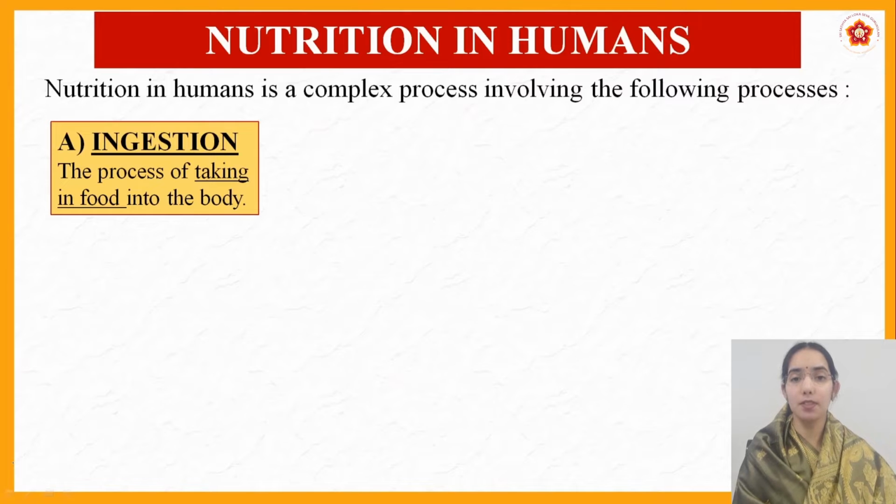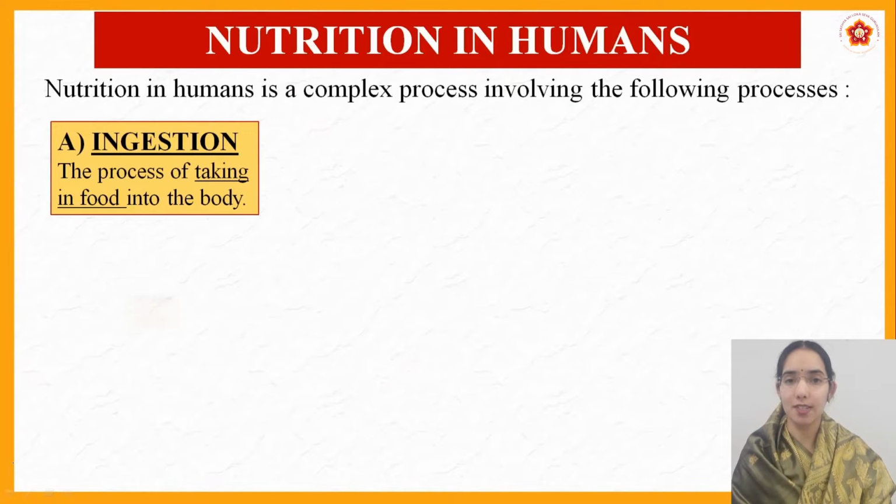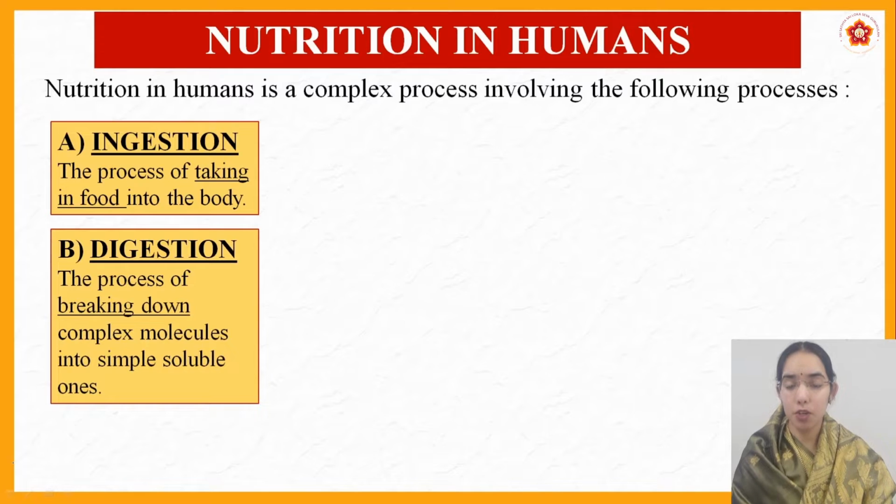Now, what happens once the food has been ingested? Then the food needs to be digested. The process of breakdown of complex molecules into simple soluble ones is known as digestion.